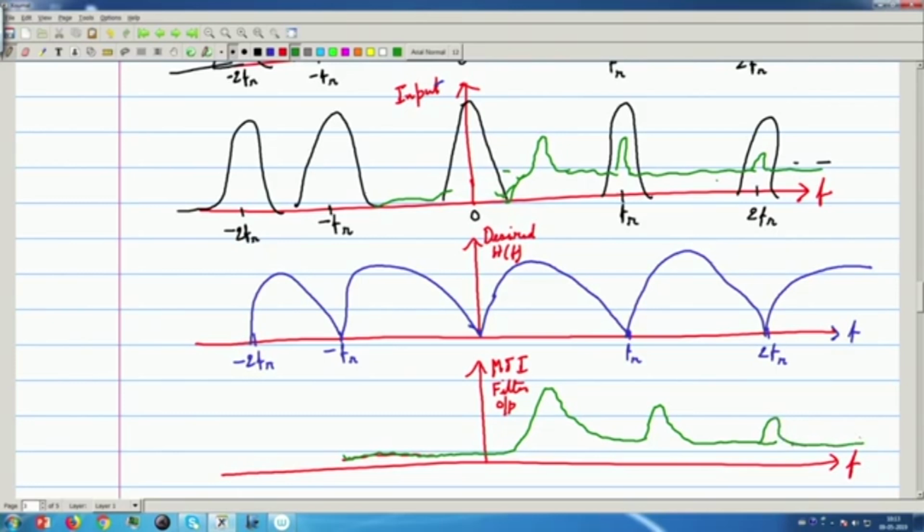So, this is a desired thing. This says what is desired of the MTI filter, the desired H(f) of the MTI filter is this. So, if I can get that, already you have seen that we have got something like that.